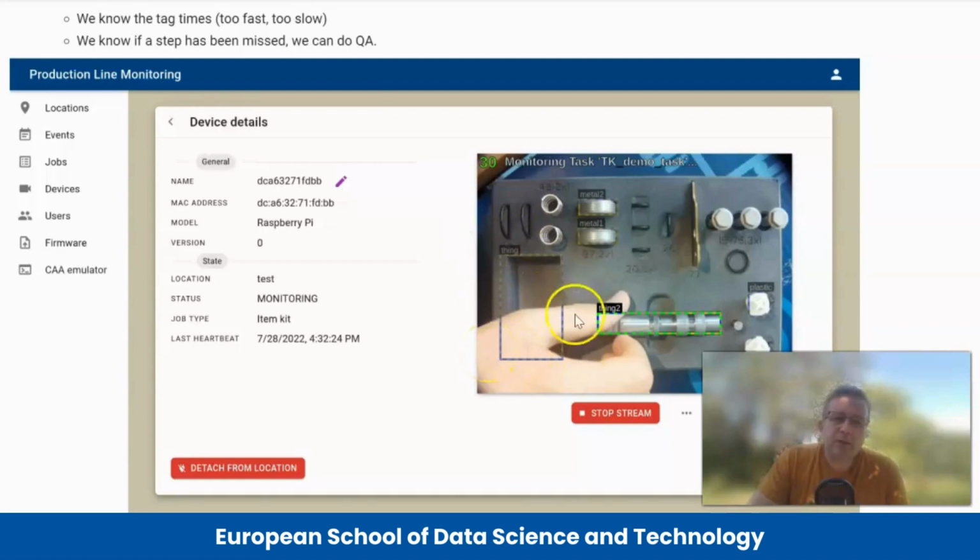This is a new category which we have to be able to detect. If we have an algorithm like this, then we can know the takt times, if someone works too fast or too slow. We are also able to detect if a step has been missed, and in this case we can do quality assurance.